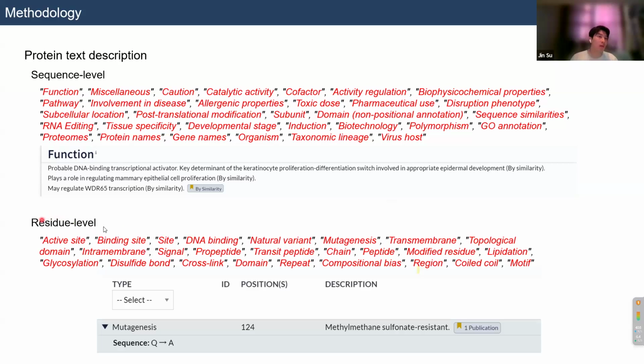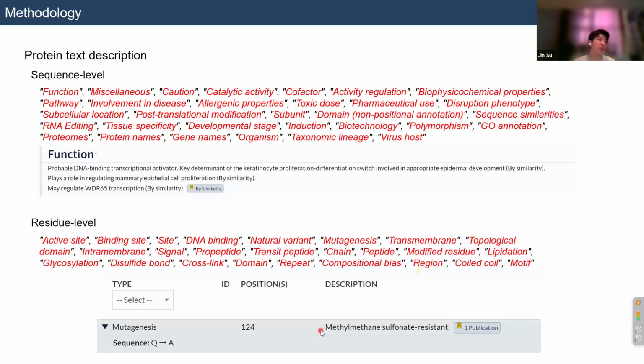However, for residue level subsections, here we use the mutagenesis for example. It is not a complete sentence, it's just a table. And from this table, you can see the mutation information, the original amino acid, the mutated amino acid, and the position, and a description about this mutation. So from this table, you can see what will happen when this mutation happens.